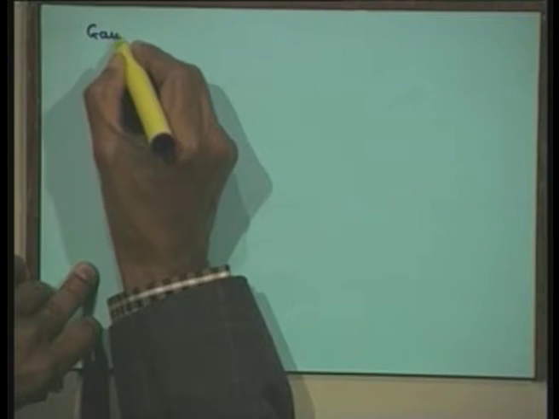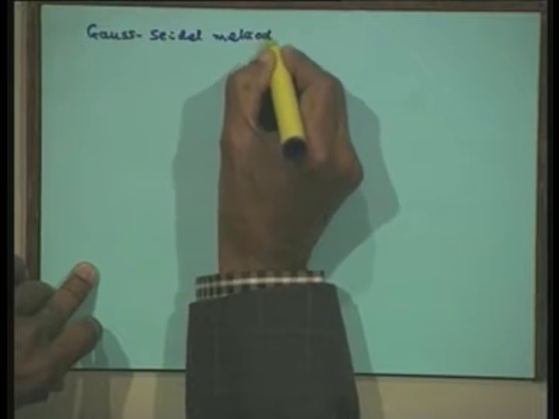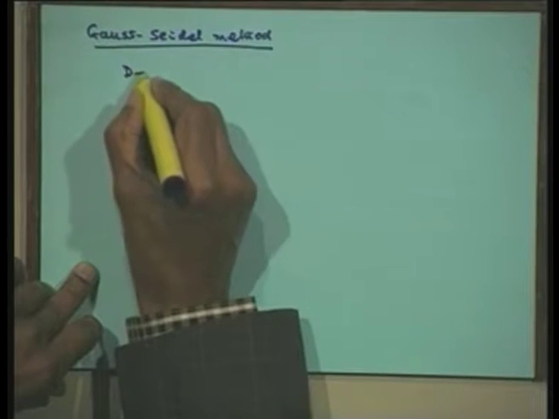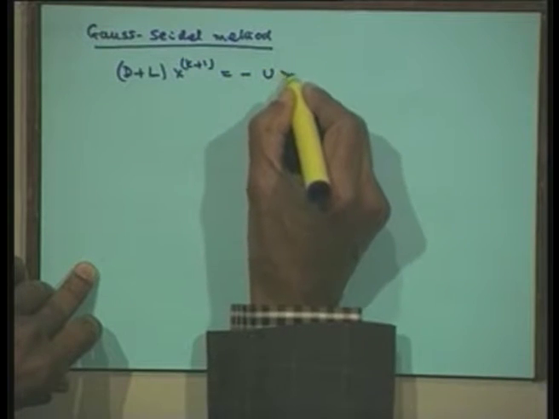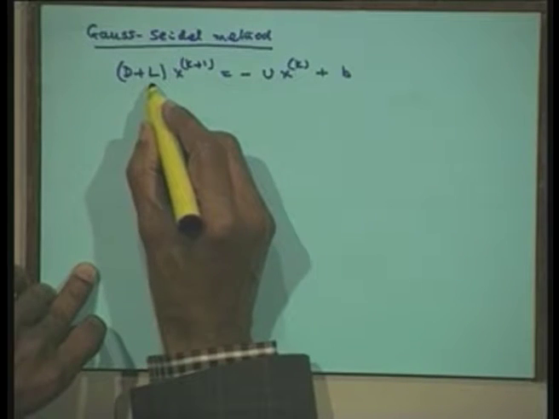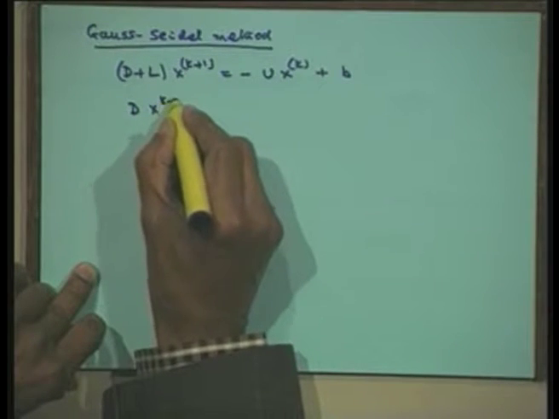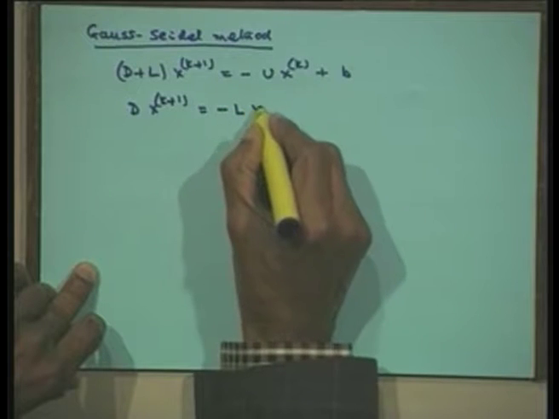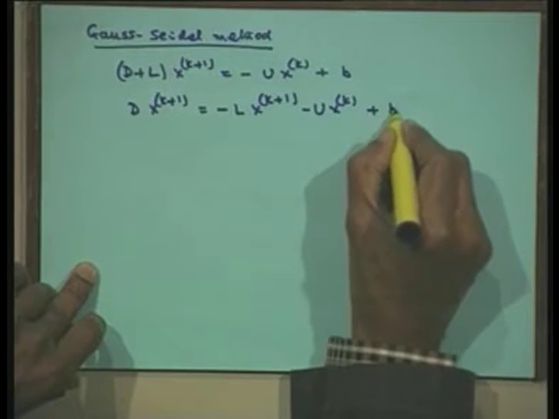Now, let us define what is a relaxation method. We start from the Gauss-Seidel method. We write the Gauss-Seidel method as (D + L) x^(k+1) = -U x^k + b. Now, let us take the second term L x^(k+1) to the right hand side. So, I will write D x^(k+1) = -L x^(k+1) - U x^k + b.